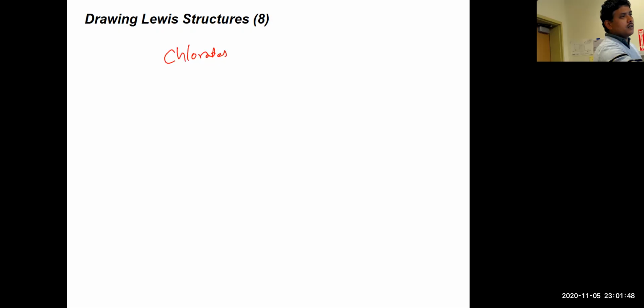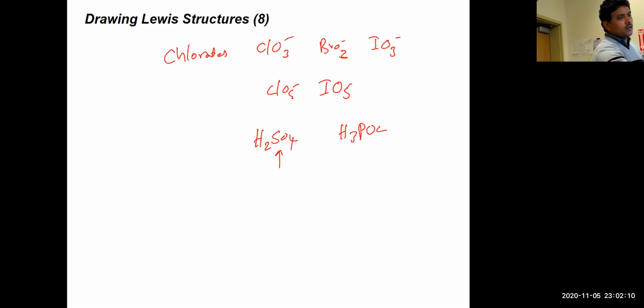What are chlorates? If you have these kinds of molecules, like BrO3, or IO3, or ClO5, or IO5, or something like this. Other molecules are H2SO4, in this case sulfur makes more bonds than just 2, or H3PO4. Now, not many, but once you know who they are, you would know how to choose the central atom like that. But other than this, everything else follows smoothly.